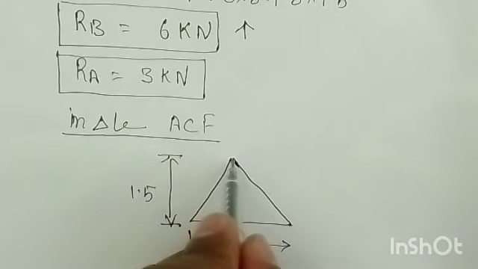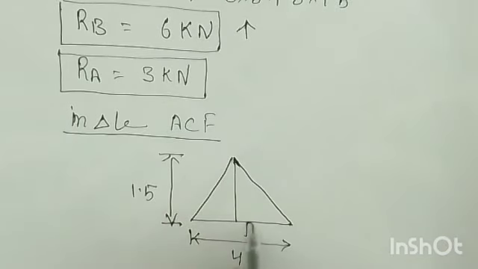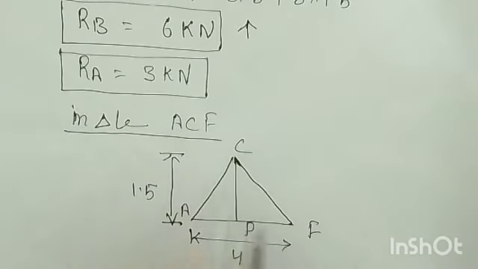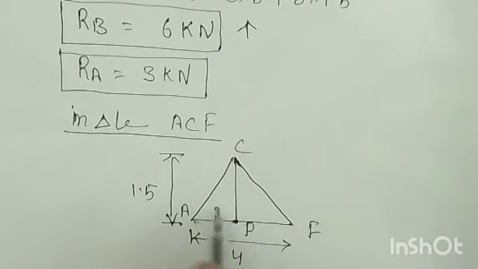If I bisect this triangle about this point P, so this is your A, C and F. As I bisect this AF from A at the point P, this AP is equal to PF, which is 2 meter. So this is 2 and this height is 1.5.